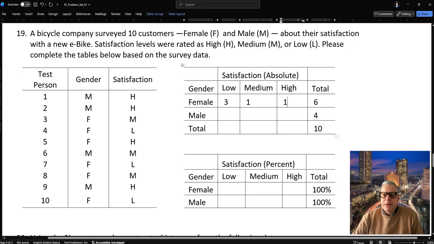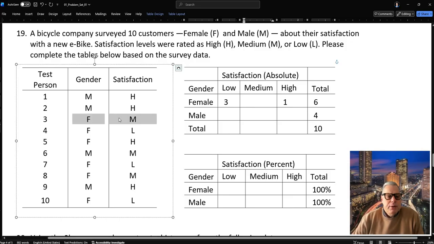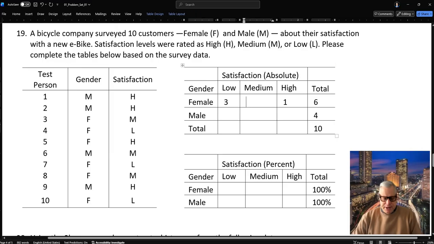So I probably made a mistake with the medium because they need to sum up to 6. So let's check again. Female medium, test person 3, female medium 1, and test person 8. So here I made a mistake, so that's a 2, correct.